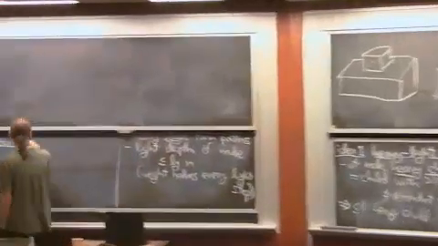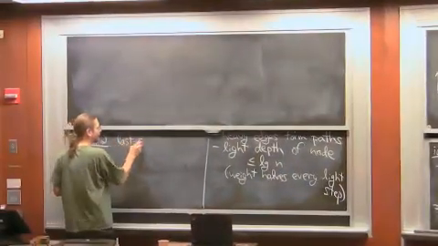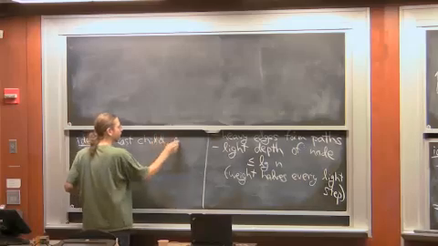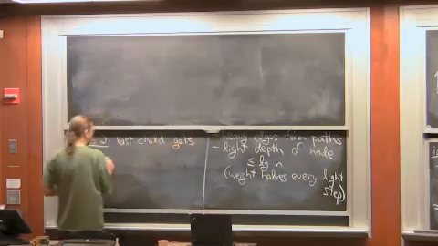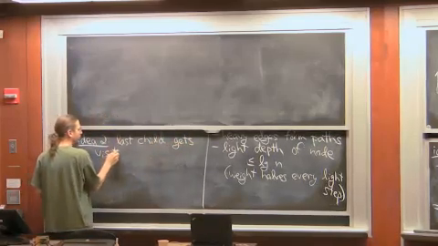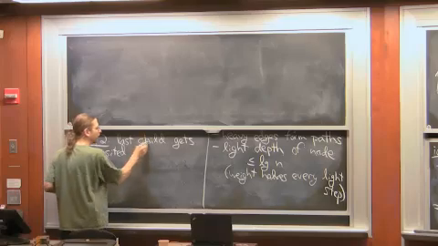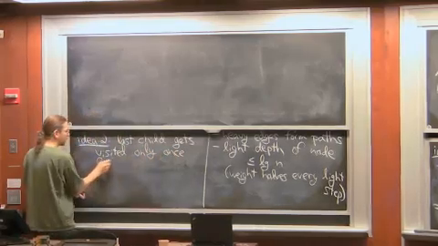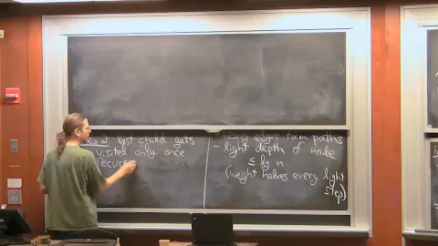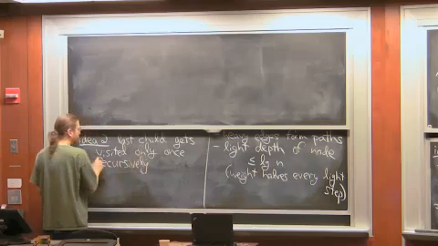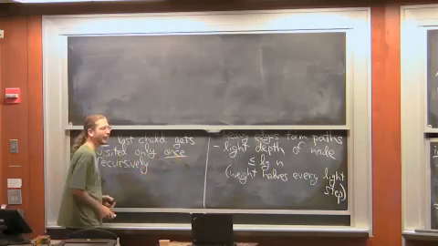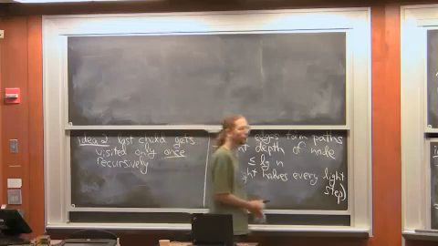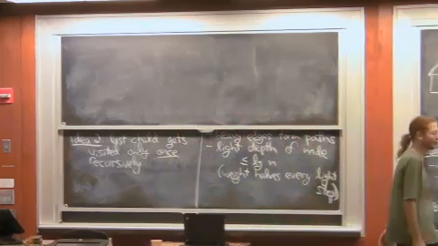Okay, idea number 2 is that the last child gets visited only once at this recursive level. And if you've taken an algorithms class, you know recursively visiting things once versus twice makes a big difference.